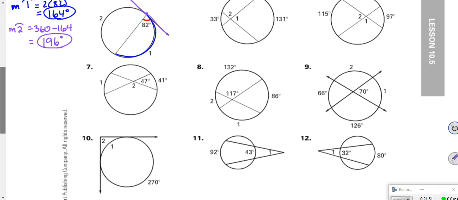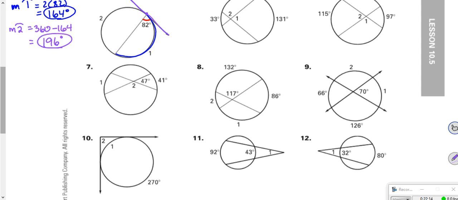Number 7. I'm just going straight down here. We're going to use Theorem 11, which says that an interior angle formed by two chords intersecting is half the sum of the intercepted arcs of that angle and its vertical angle.